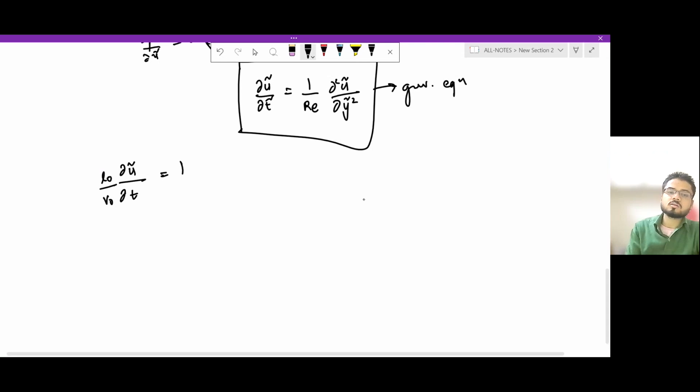This can be written like this: 1 over Re, and Re is effectively V naught times L naught divided by the viscosity, and here you've got this.